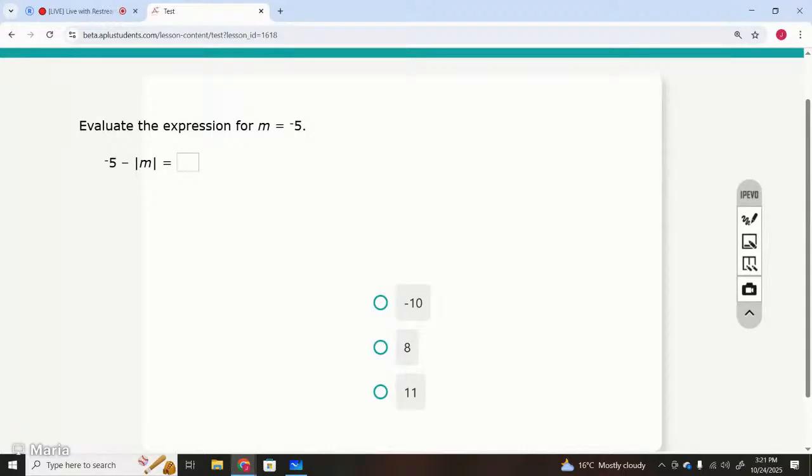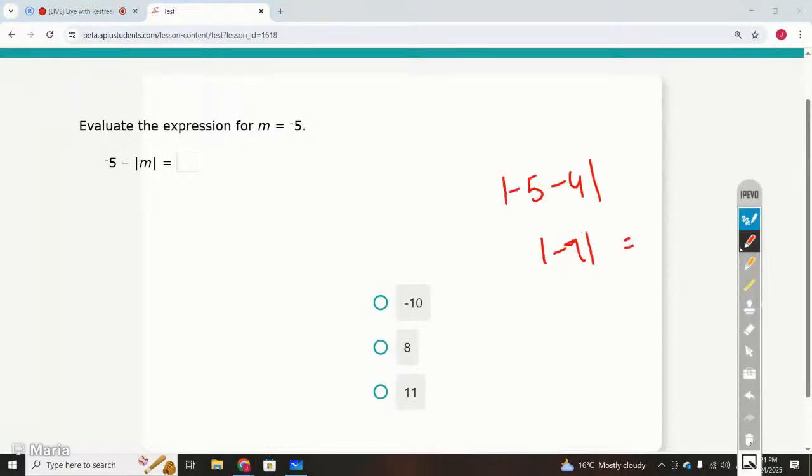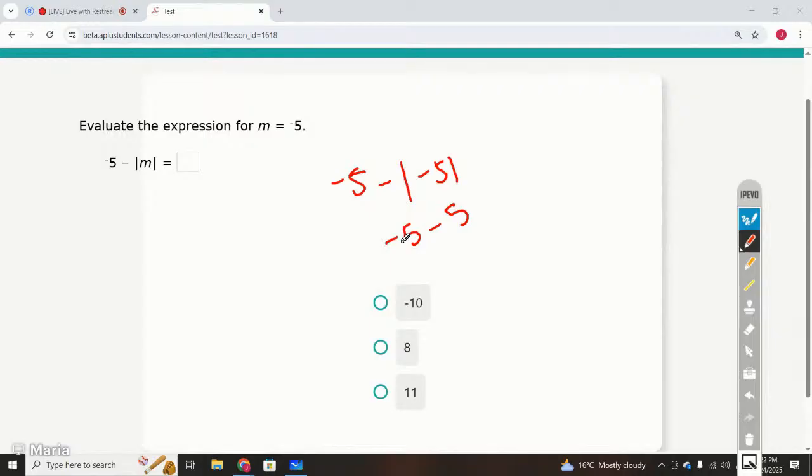Evaluate the expression for m equals negative 5. Negative 5 minus absolute value of negative 5. So absolute value of negative 5 is 5. Negative 5 and negative 5 is negative 10.